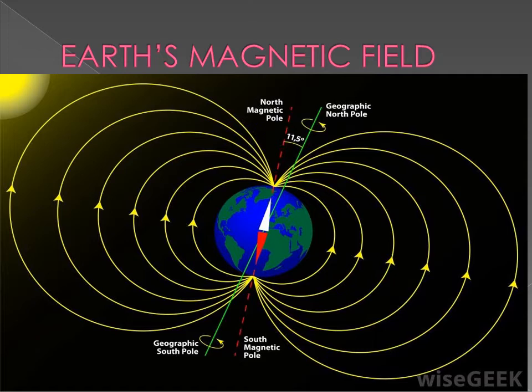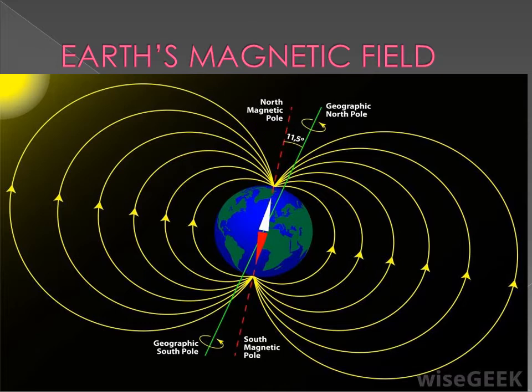See the picture. There is a magnetic compass needle, with the magnetic north pole, geographic north pole, geographic south pole, and magnetic south pole marked. The north pole of the magnetic needle is attracted towards the magnetic south pole, which is near the geographic north pole.